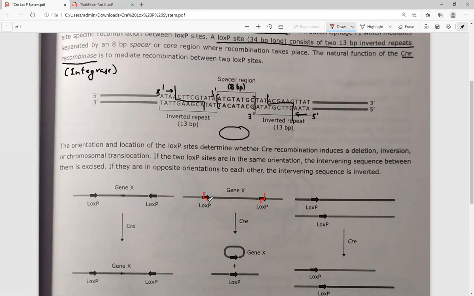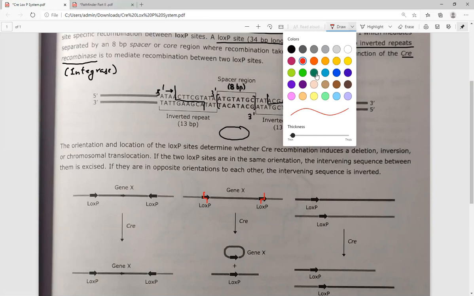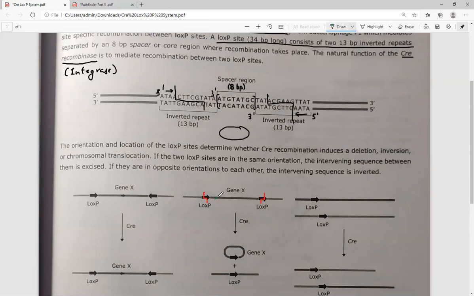And once the circular structure is produced, this central part, the central gene, will be completely lost. For example, this is the gene X. See this, the gene X, which is encoded by the green color here, is completely lost.